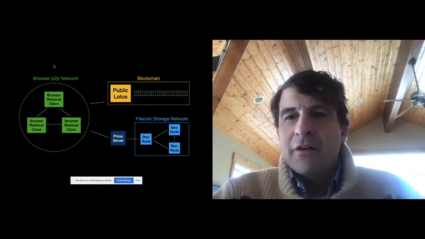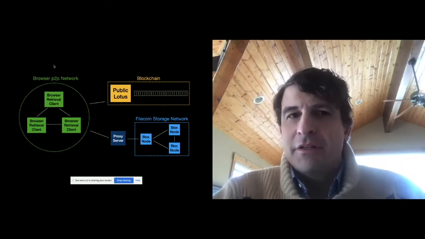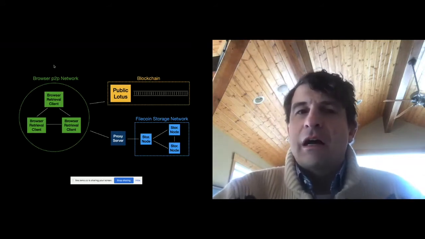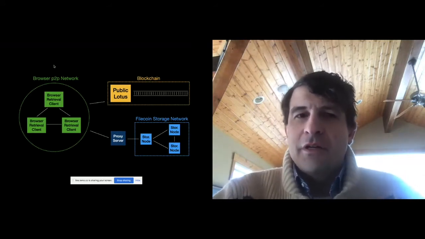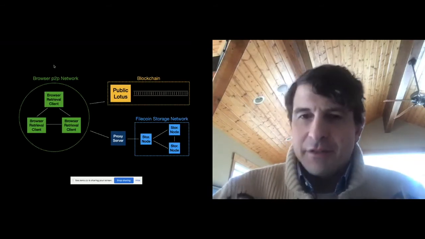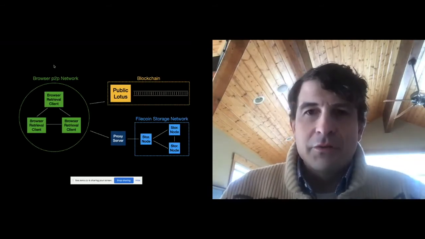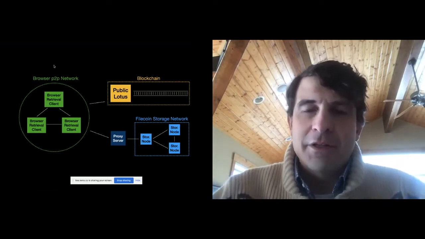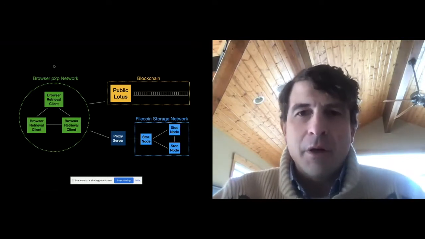So this diagram is basically everything. I'm going to walk you through it in pieces, but fundamentally, this is everything that's going on. You've got this peer-to-peer browser network on the right in green. Each of those boxes, imagine that's a browser. And then when those browsers need to publish messages to the chain, they do so via a public Lotus.